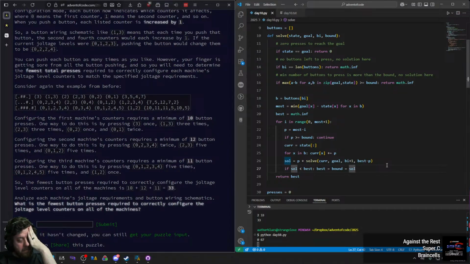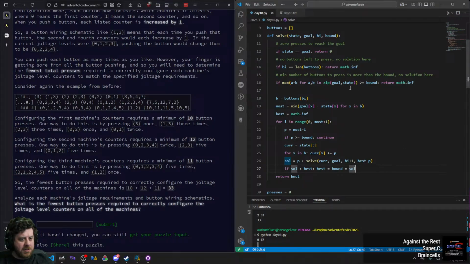The way that I'm bounding now is... There is a second bound that I can put on this, but I'm not sure that it actually saves me any cycles here.